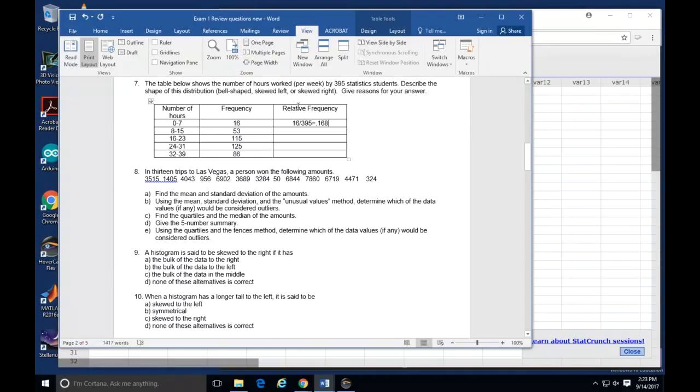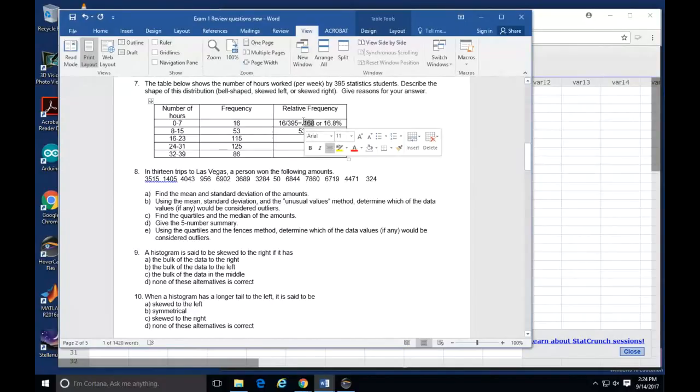If we wanted to write that as a percentage, we could make it 16.8%, depending on what the question is asking you for. So same thing for the next one. We take the 53 and divide it by 395. That would give us our relative frequency of, oops. Okay, I just realized on this one, I missed a button on my calculator, so that didn't come out right.